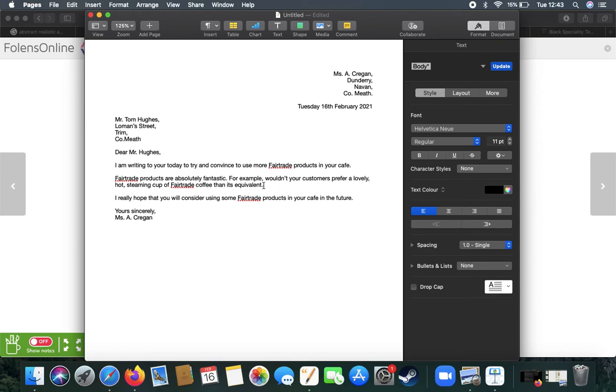Skip a line for your next paragraph, which is going to be the biggest one, explaining why they should use the fair trade products. Use facts from your story and from online sources. And then skip a line, your final paragraph or line is just to sum up and say why you've written to them and what you hope for the future. Skip a line, write yours sincerely, and then your name.